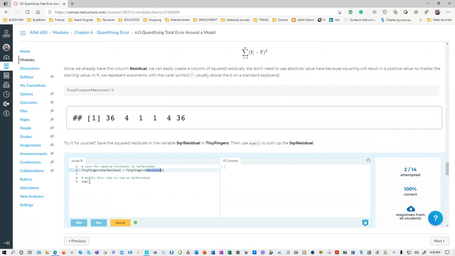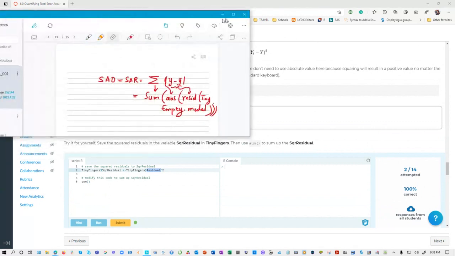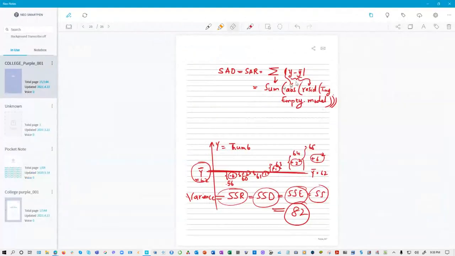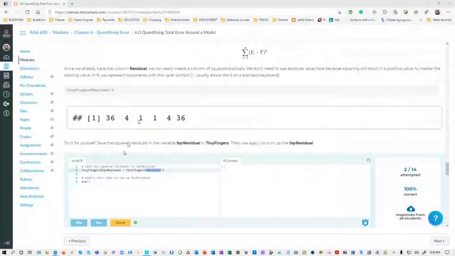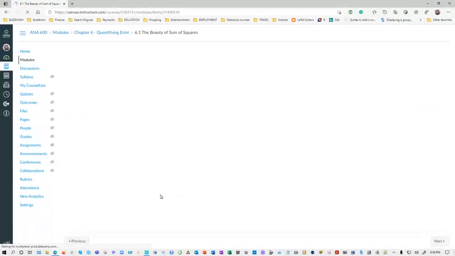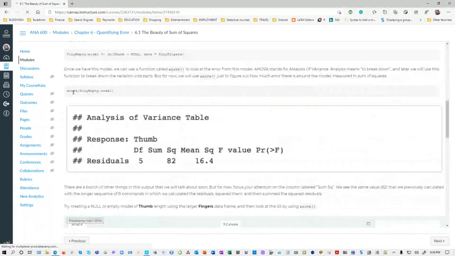Instead of going this long way, you can get this done in one shot by running that model through ANOVA.